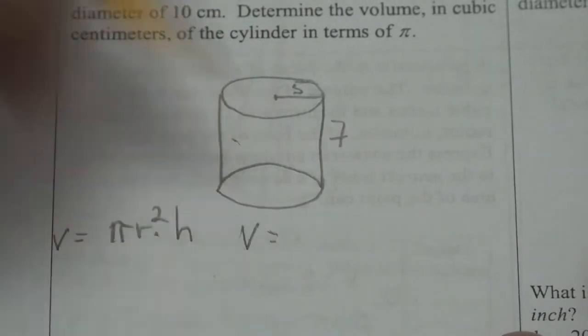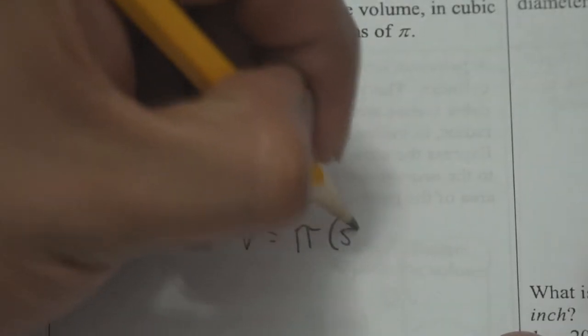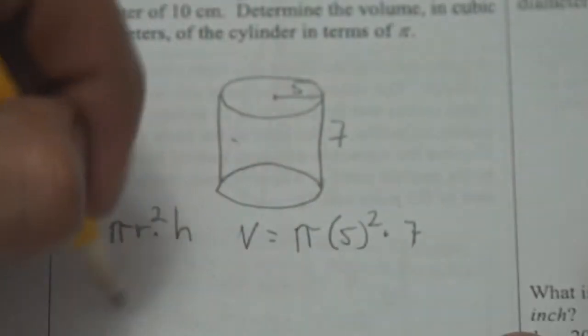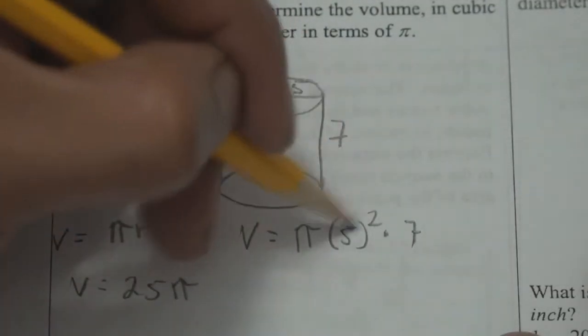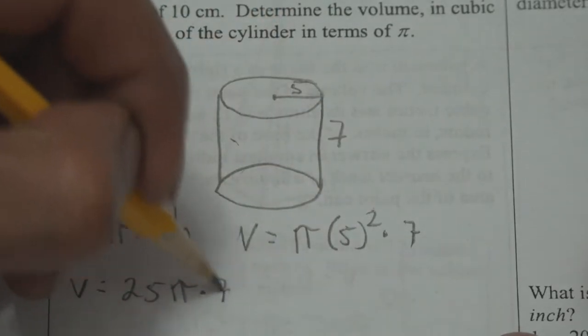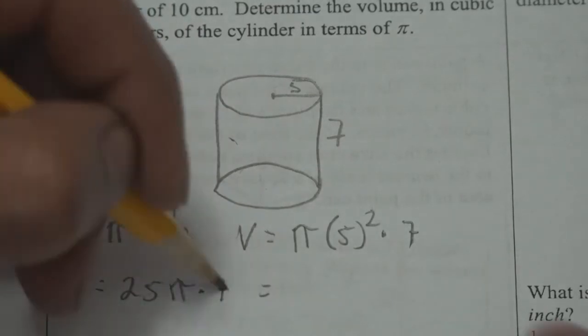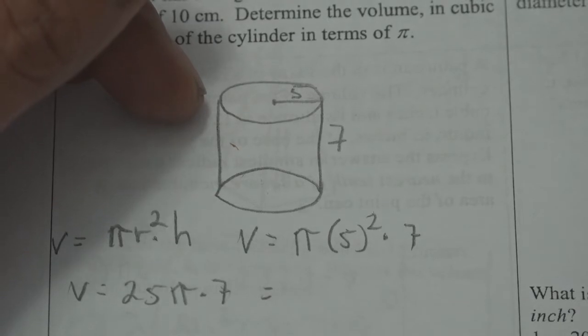The volume equals pi times the radius, which in this case is 5, then you square it, and then you multiply by the height. Now you end up with the volume being equal to 25 pi, because 5 squared is 25, times 7. Alright, so now I multiply 25 and 7. When you multiply 25 times 7, which is actually very easy, just think of quarters.